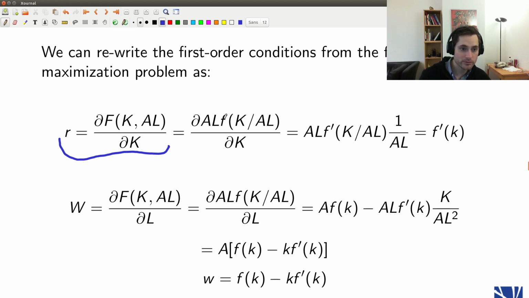Okay, so let's put that in terms of little f. So you'll recall that we can rewrite big F in its intensive form this way. So we can multiply by AL divided by AL, and that's going to be equal to AL little f of K divided by AL.